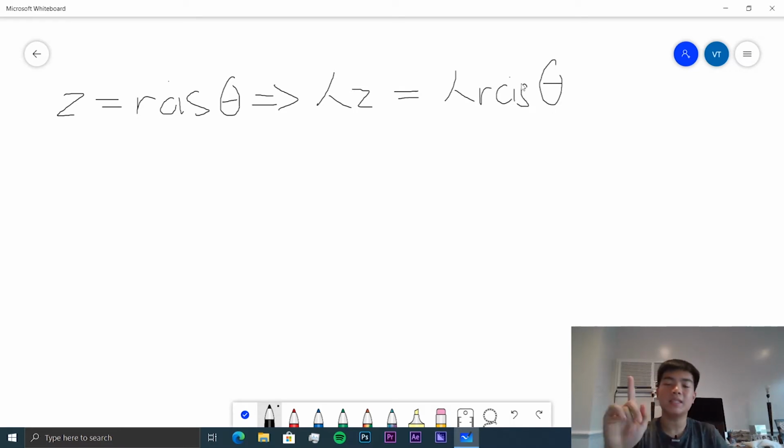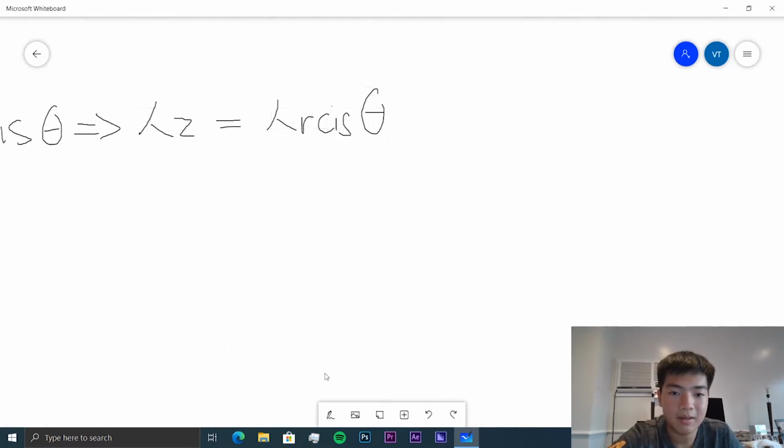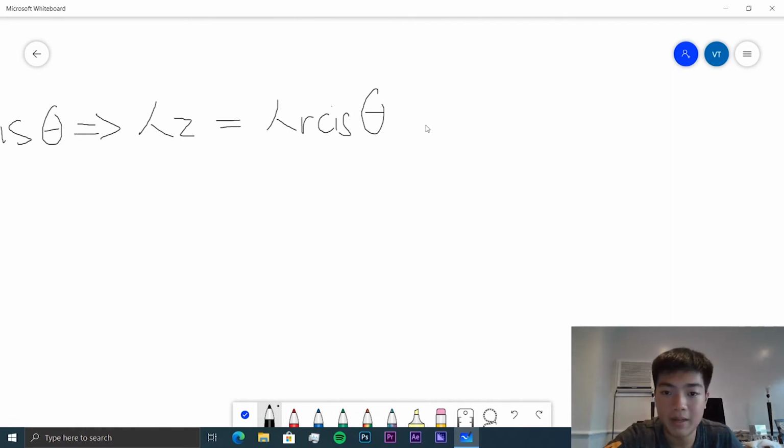Except that this isn't technically true, because the modulus, or the magnitude of the polar number, can only be a positive number. You can't have a negative magnitude. And so it's only equal to lambda r cis theta when lambda is greater than 0.